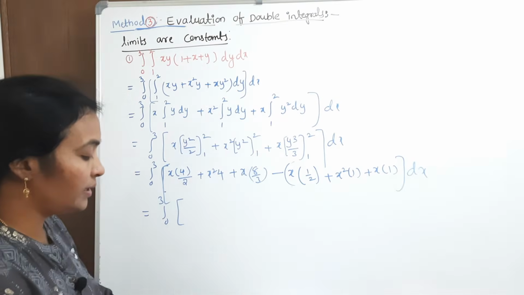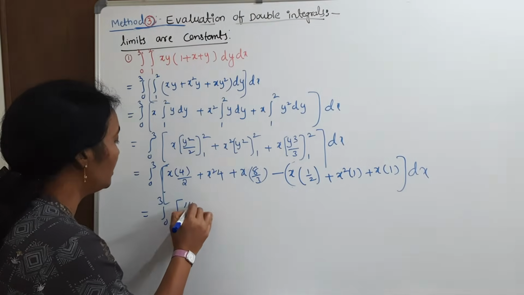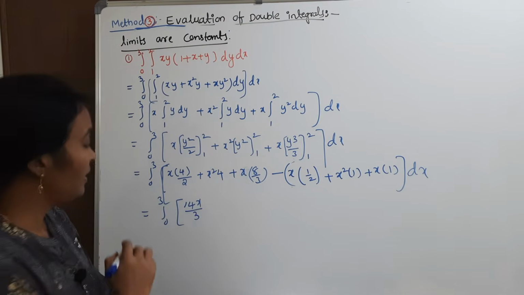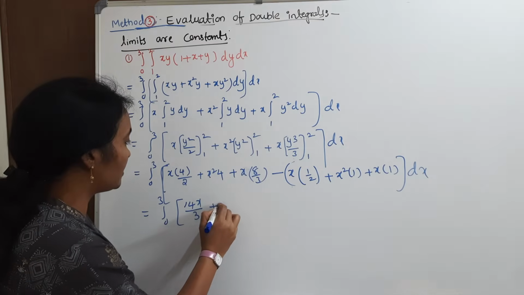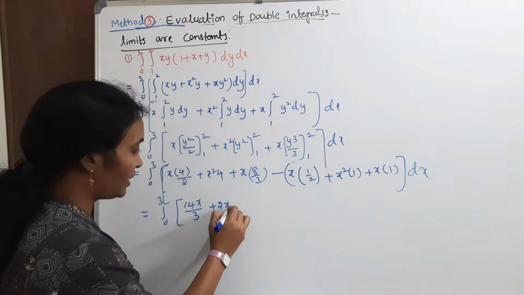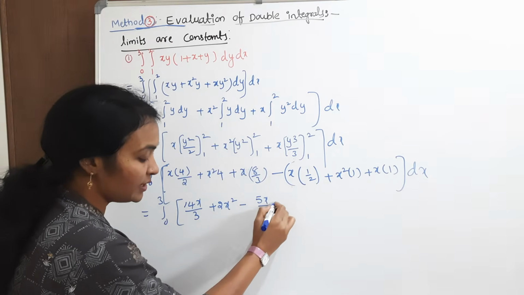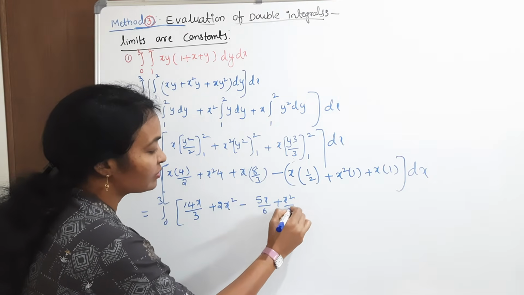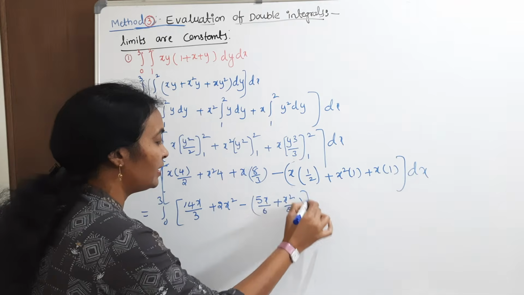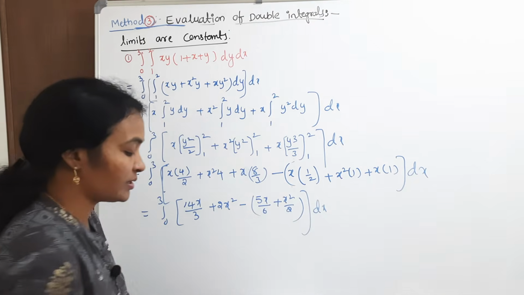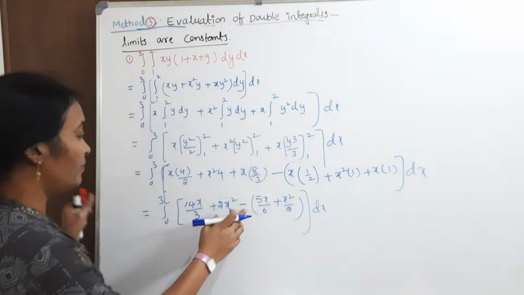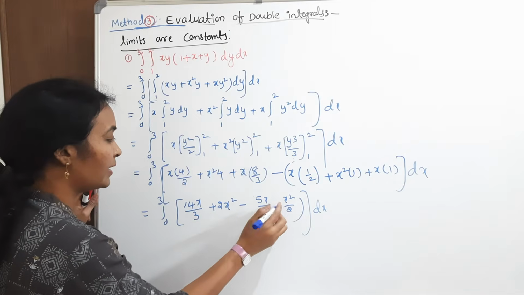Here I'll get this, 14x/3. Here what happens, 2x² and minus of 5x/6 plus x²/2. Finally dx. Okay, our minus and minus.